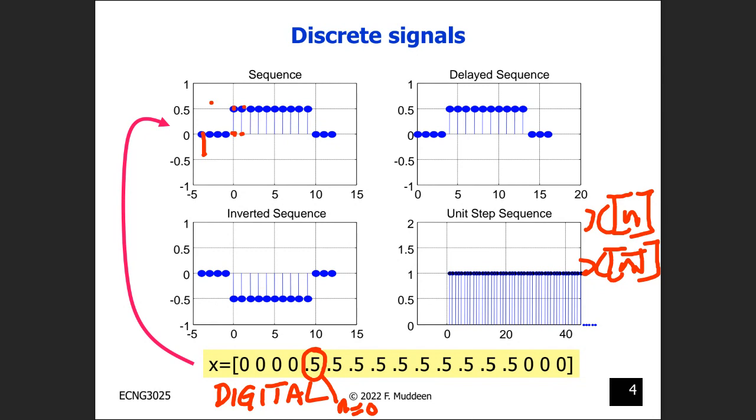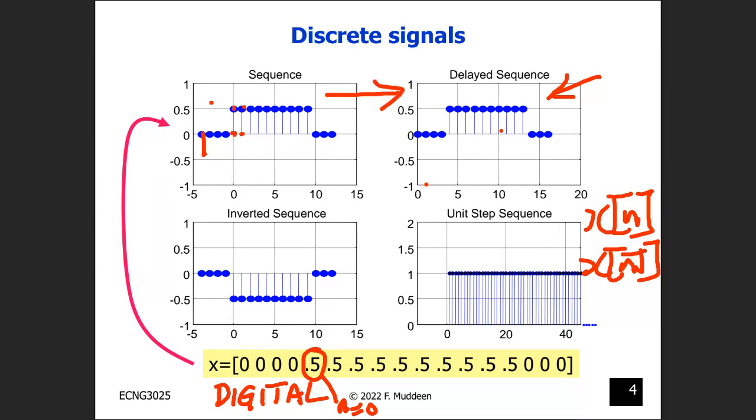Now if you look at the sequence above here, it has been delayed. And how much has it been delayed by? Notice that we started at minus 4 here and we're starting at 0 in this one. So we have delayed this one. It's delayed because it has shifted later in time.